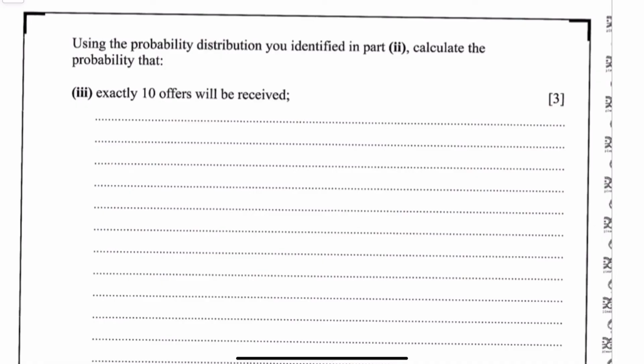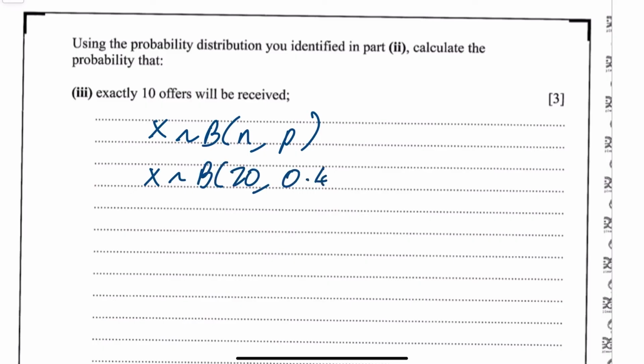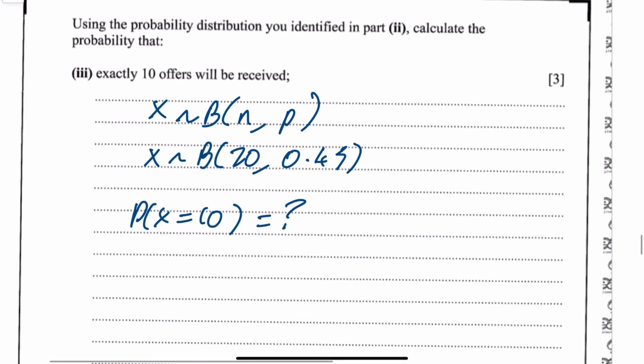Okay, let's go on to the questions on these then. Using the probability distribution you identified in part 2, calculate the probability that exactly 10 offers will be received. Okay, binomial: X is distributed with an n, your number of trials, and p, your probability of success. In this case, X is distributed as binomial 20, 0.45, and we want to find the probability that X is equal to 10 offers received.